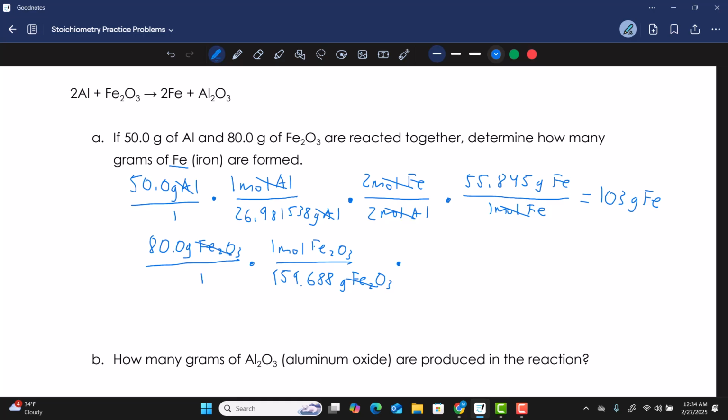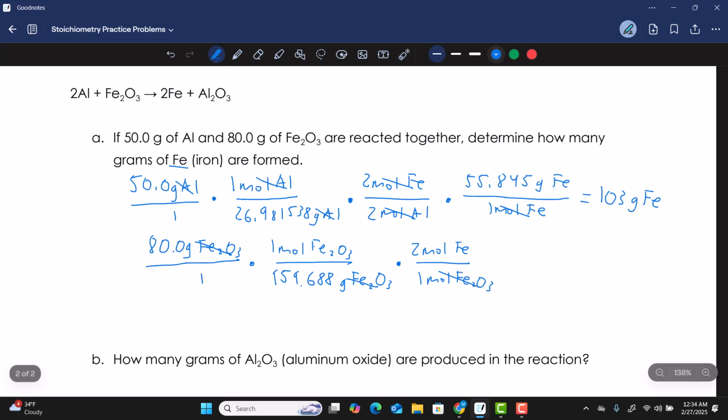We want grams of Fe, so we would have moles of Fe on the top. So we have 2 moles of Fe, and we want moles of Fe2O3 on the bottom, and we have 1 mole of Fe2O3 since there isn't any coefficient out here. That's just a 1.